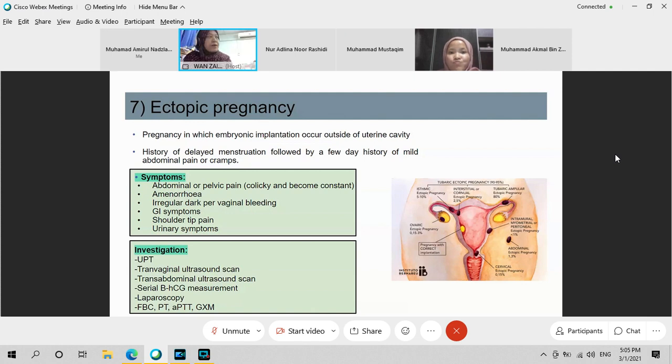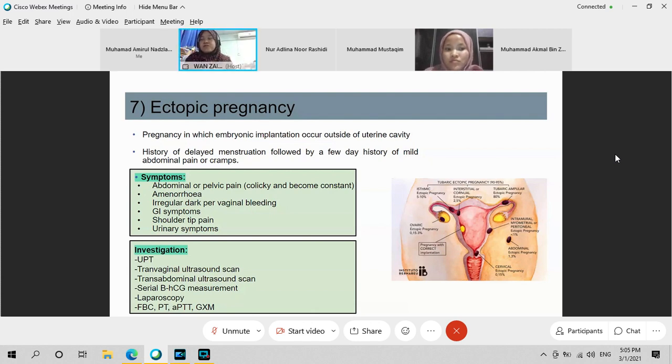It's the same with PID, pelvic inflammatory disease, which is actually non-surgical management if it hasn't gone into abscess yet. If there is an abscess, we have to open up and drain it. But sometimes antibiotics are enough. So that's why we need a very good history to get the correct diagnosis.